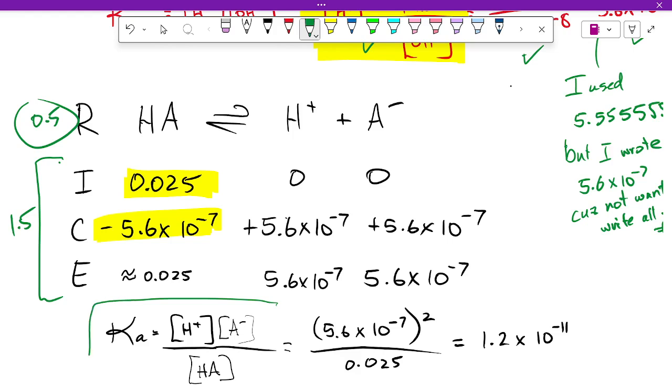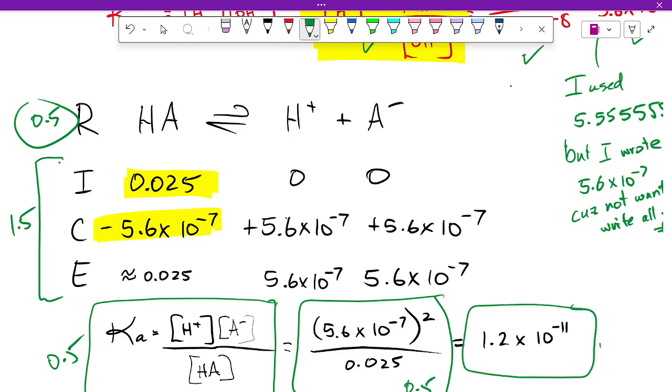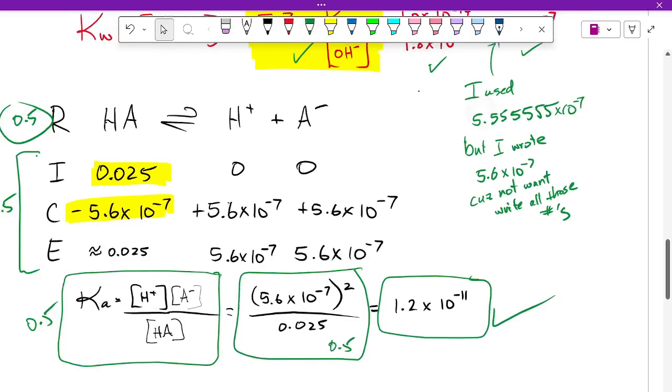Did you write your Ka expression? That's 0.5. Did you plug your stuff in? And did you get your answer to correct sig figs? There you go. I don't know what it's out of. It doesn't matter because it's not a real question, but make sure you have all those things.